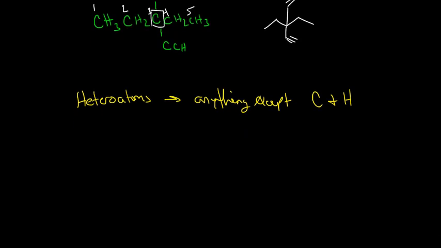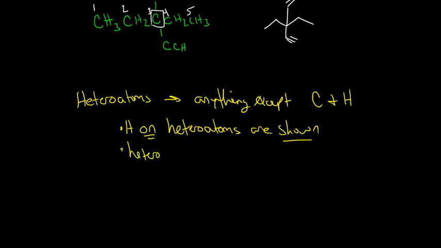The two things that you want to be aware of is that hydrogens on heteroatoms are always shown, and also heteroatoms are shown. So when we're dealing with hydrocarbon compounds that are functionalized with heteroatoms, we show the hydrogens on that atom and we also show that atom.